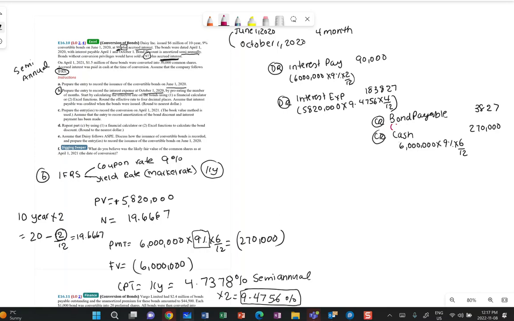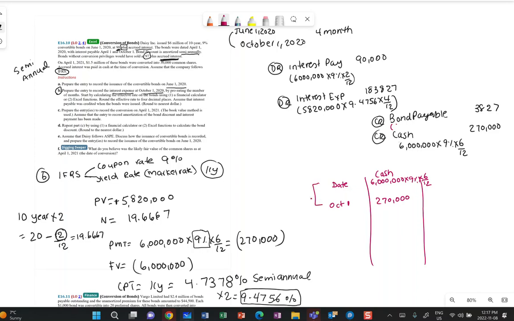Let's do a table to make your life a little bit easier. We have a date and the cash. Our cash payment doesn't change because it stays on the face value of your bond: face times the 9% times 6 divided by 12. That is 270,000.